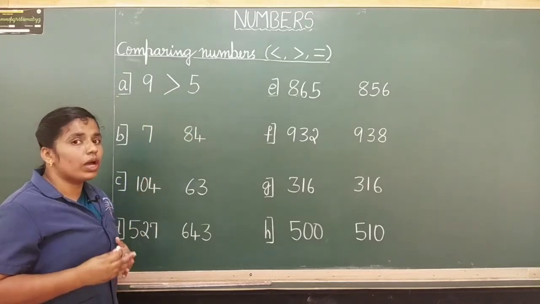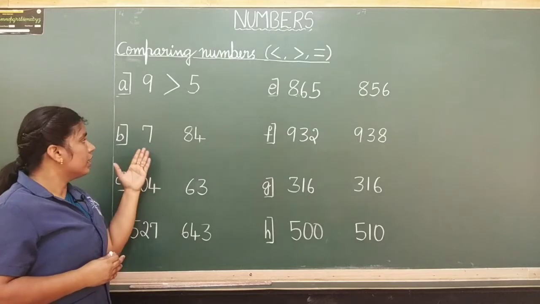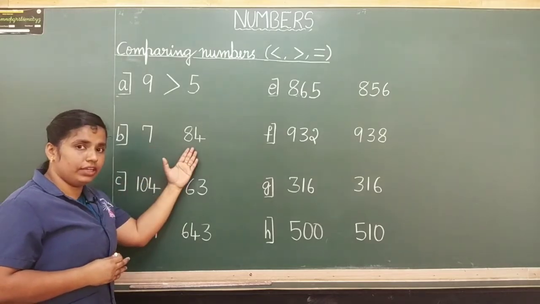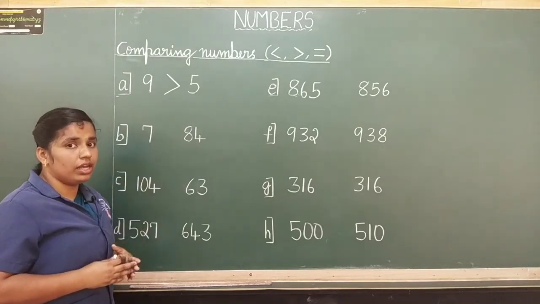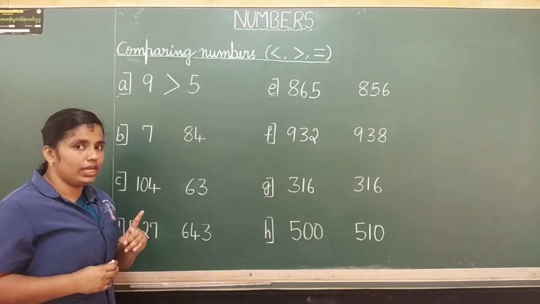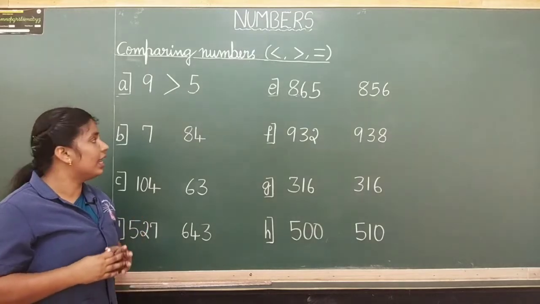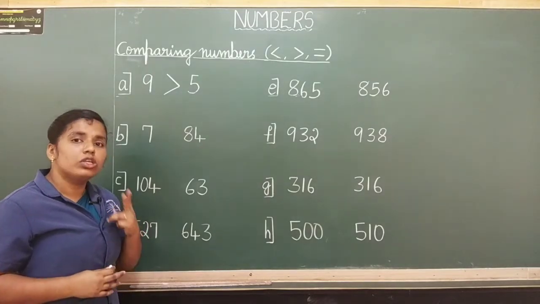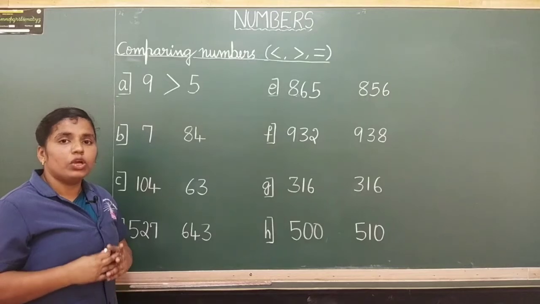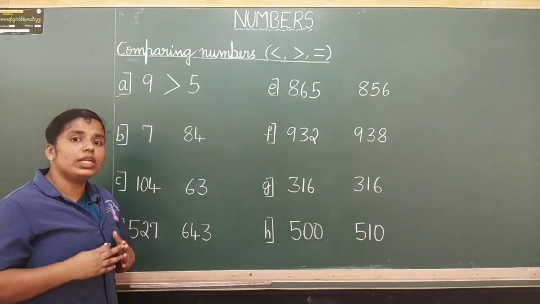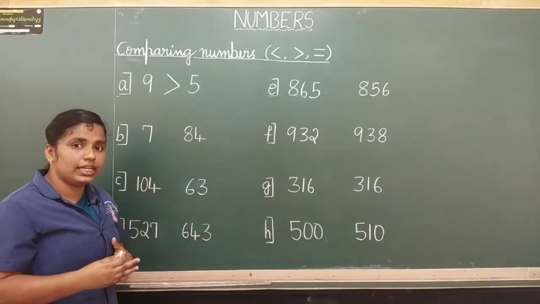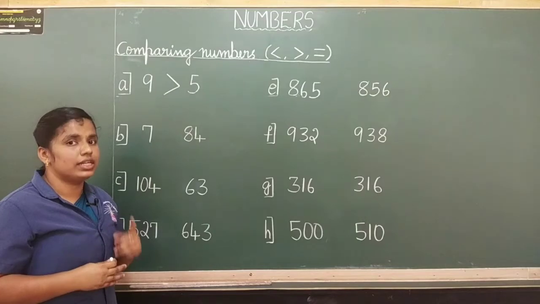Let us take one more example. 7 and 84. Here 7 is a one digit number and 84 is a two digit number. You know that a two digit number is greater than a one digit number.